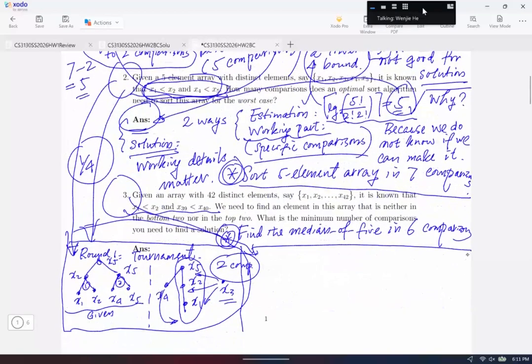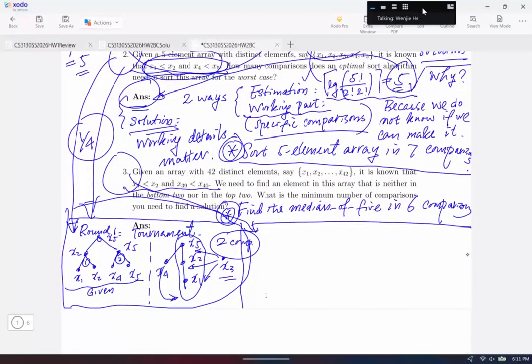Number 3, you need to bring back that solution, then do some modification.